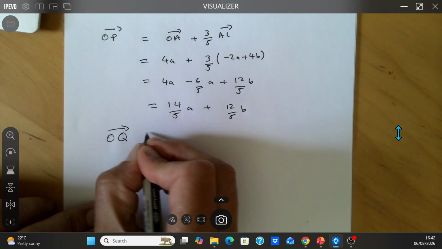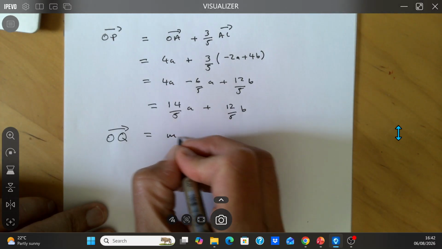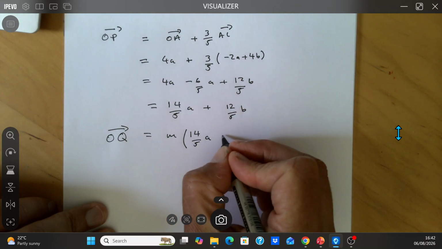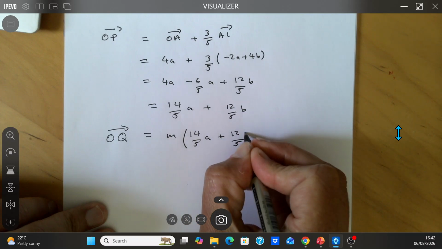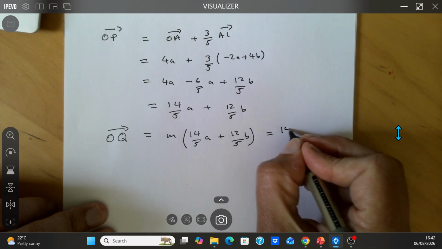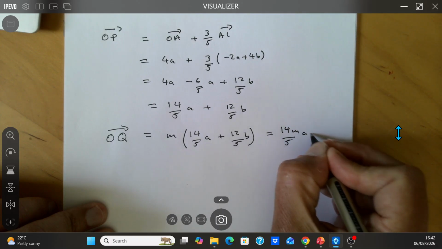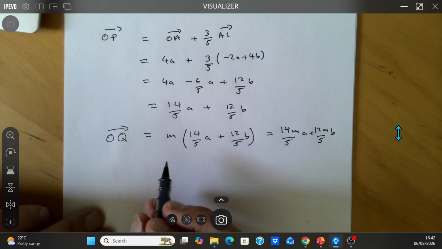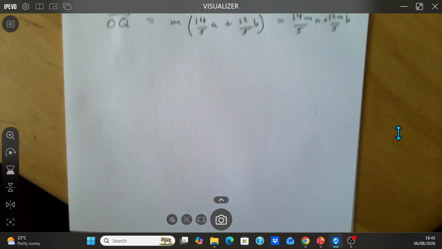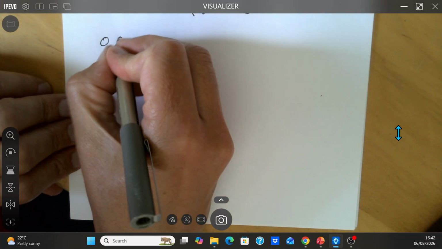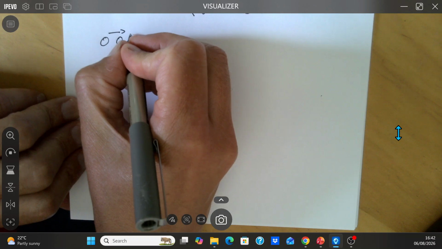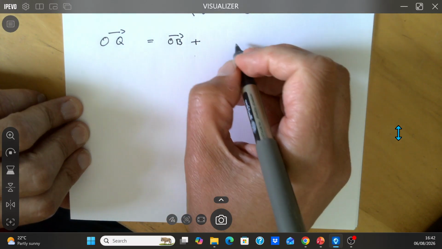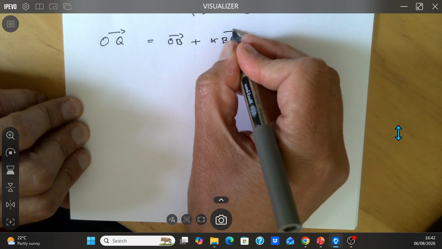Now, OQ is on the line, so it is a multiple, and I'm going to use M for multiple. Other people use different symbols. So OQ is 14M over 5A plus 12M over 5B. OQ can also equal OB plus a multiple of BC.